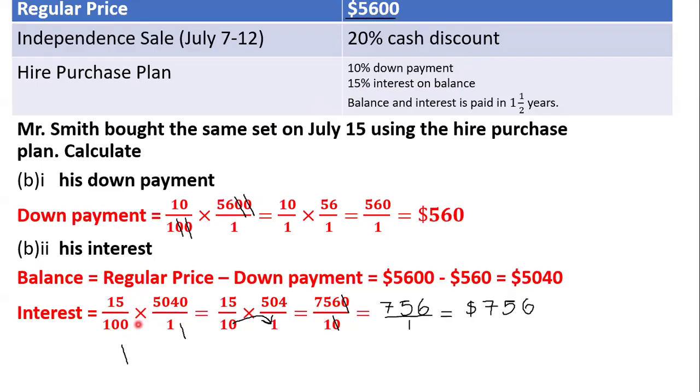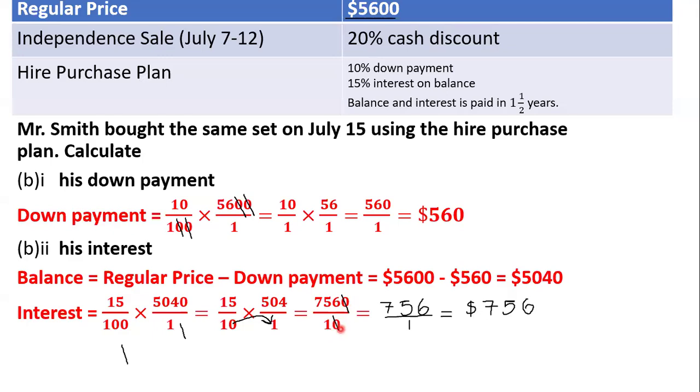So we can cancel out this 0 with that 0. Those are the only 2 zeros we can cancel out. That leaves us with 15 over 10 multiplied by 504 over 1, which gives us 7,560 over 10.